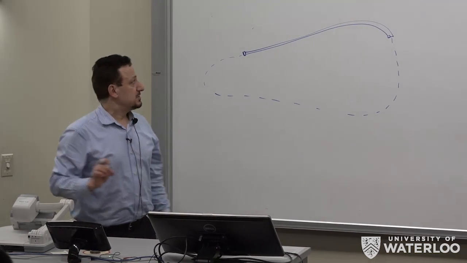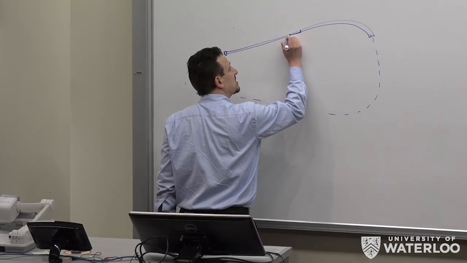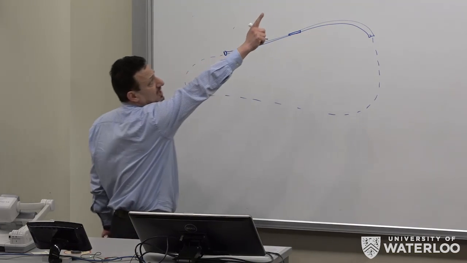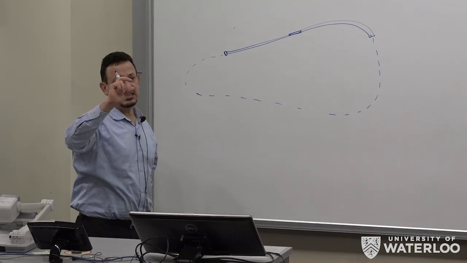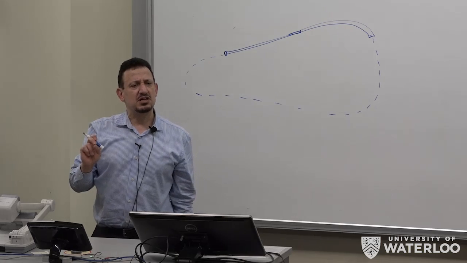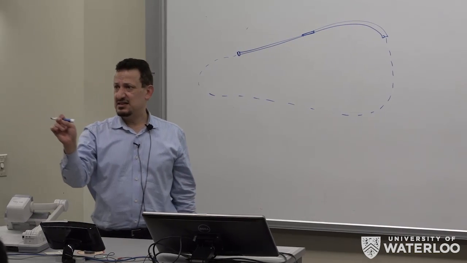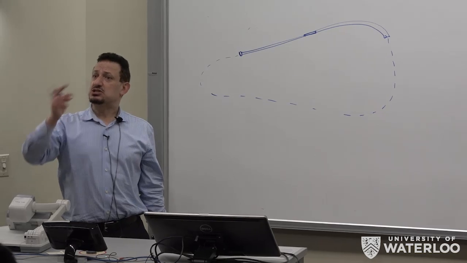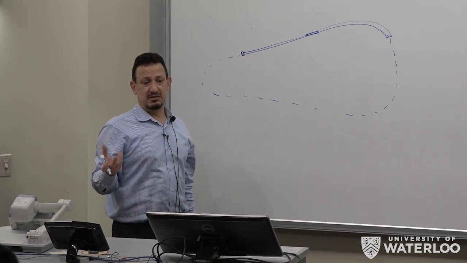So I'm going to take a chunk of that wire, and I'm going to find the infinitesimal magnetic field due to that little piece. It's a very powerful concept. It means nothing infinitesimally, but collectively it means something you can measure in the lab.